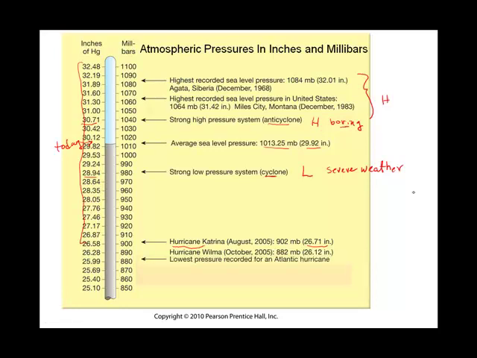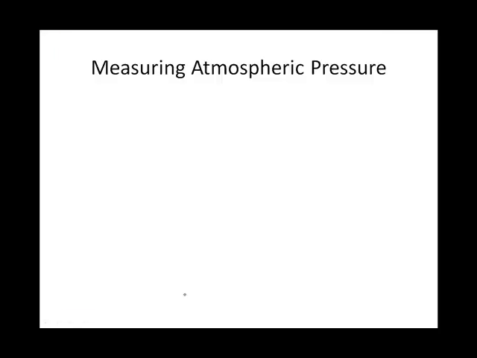The lowest pressure ever recorded for an Atlantic hurricane was about 25.99 inches of mercury. The lowest ever recorded sea level pressure was during a typhoon. We're going to talk about typhoons later, but typhoons are in a different part of the world. They're equal to our hurricanes. The generic word for hurricane and typhoon is tropical cyclones.